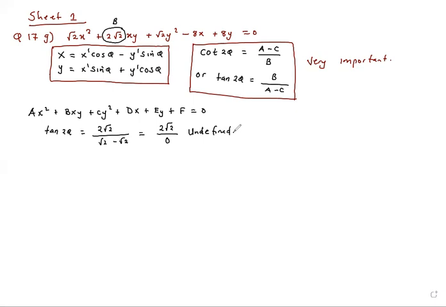So where is tan not defined? Remember, tan theta is sine over cos. So tan 0 is 0.